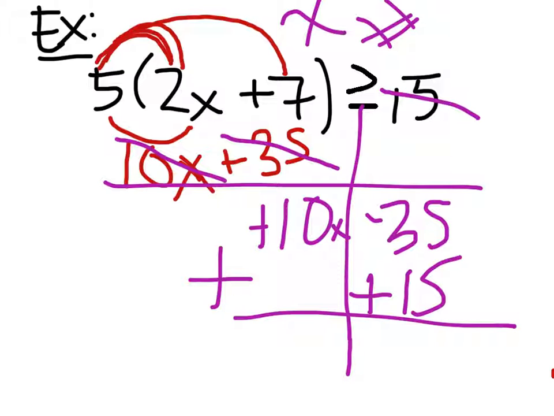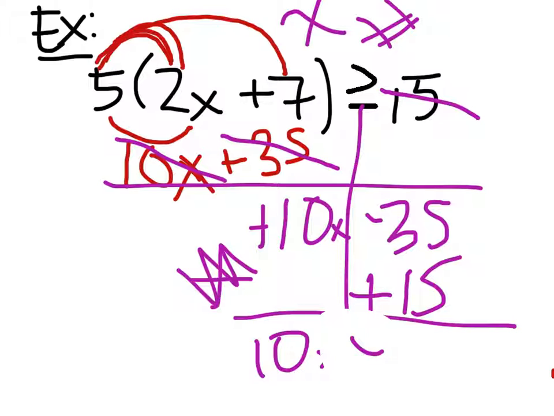Okay, actually, you don't need to do that. So it's 10x, and then the inequality, and negative. Wait, where's the eraser? Okay.